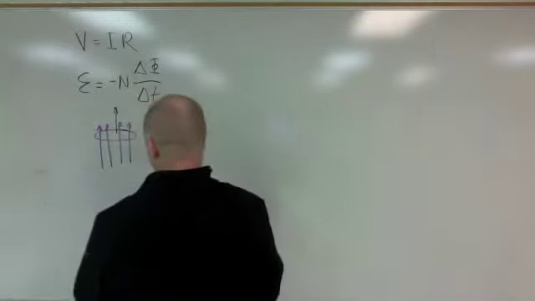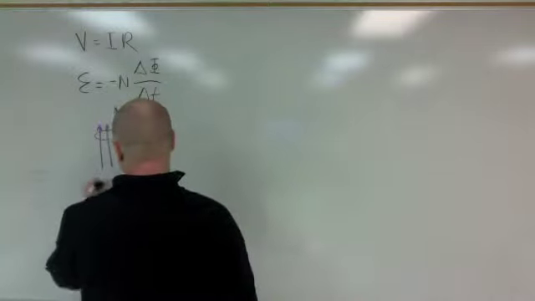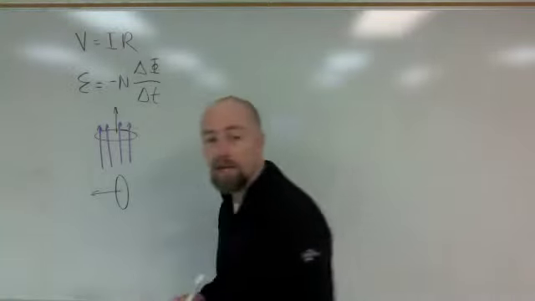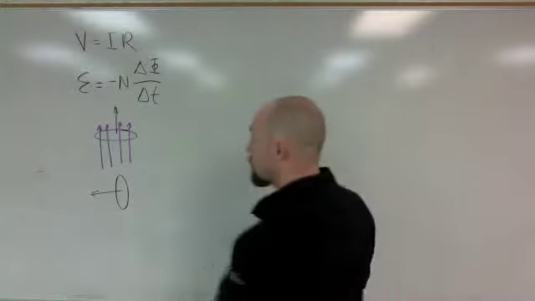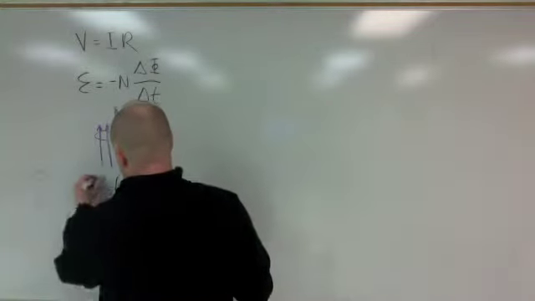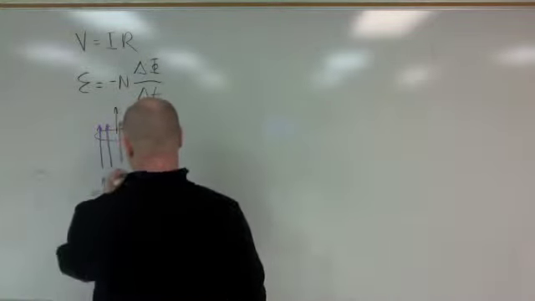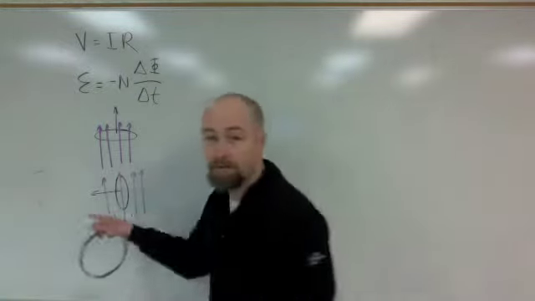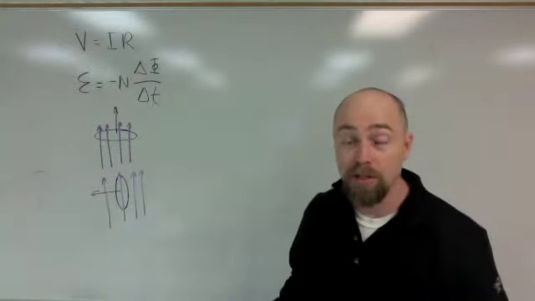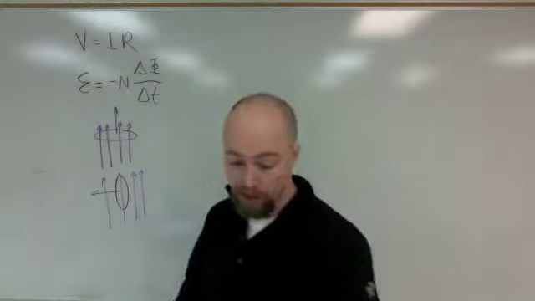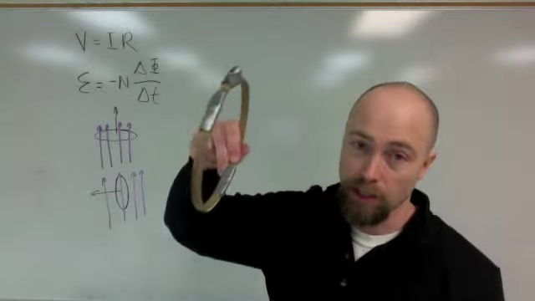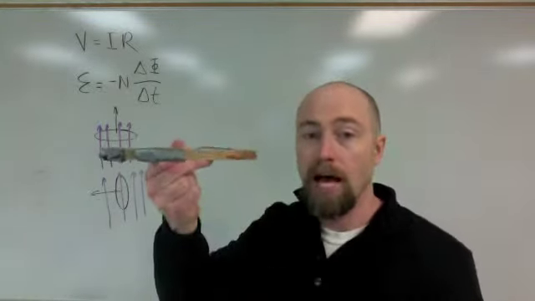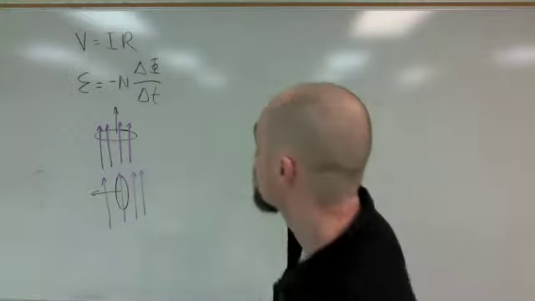Later on, 0.2 seconds later, it says that you rotate the loop so that now the magnetic field and area are perpendicular to one another, so there would be no flux. So I'm rotating like this, so it goes from lots of flux to no flux. Okay?